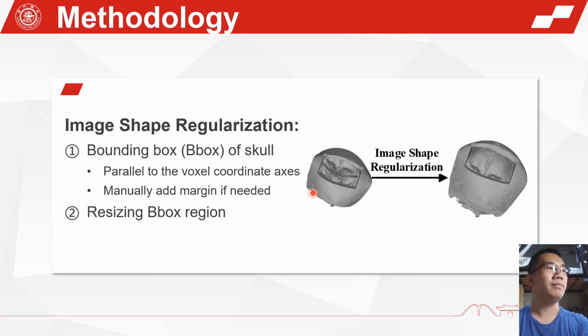Besides, if the implant will exceed this bounding box region, some margins should be manually added to enlarge the bounding box to ensure that any possible implant falls into the bounding box region. Then, a simple resizing transformation is applied to enlarge the bounding box region into the same dimension.